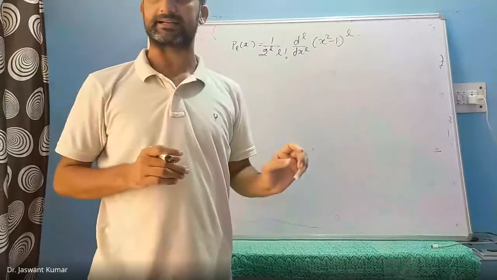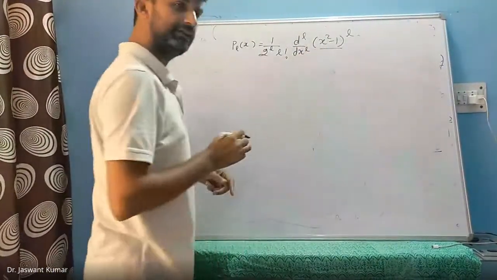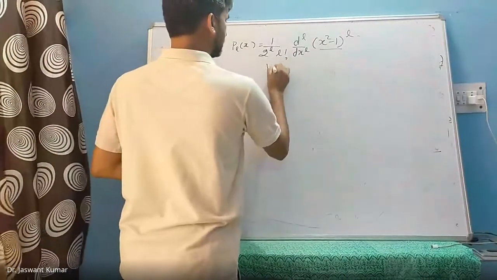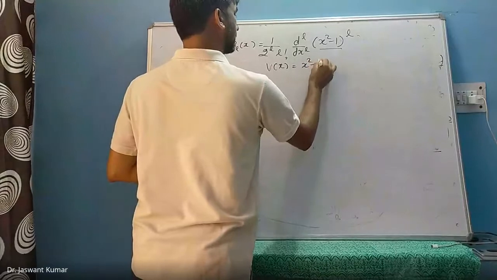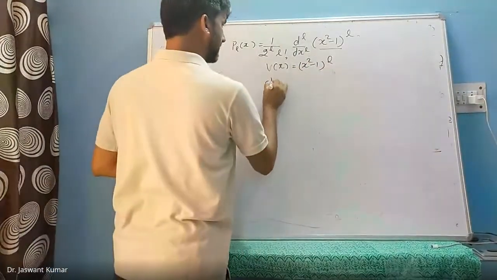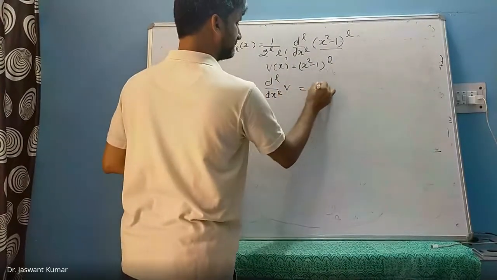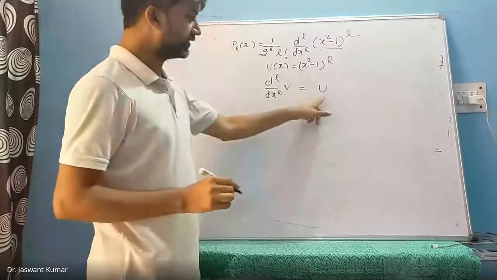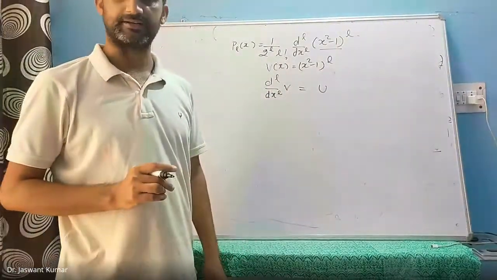That is not correct. What you do is, if you start with v of x equal to x square minus 1 to the power L, then you find that dL by dxL of v, which is some function u, satisfies Legendre's equation.